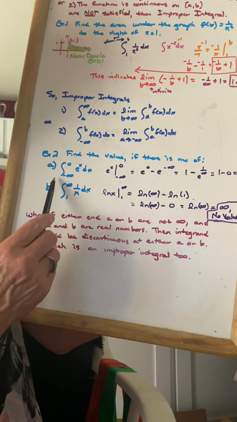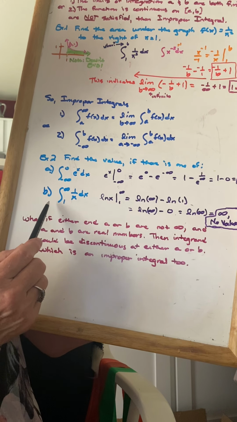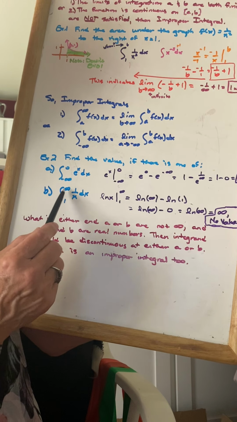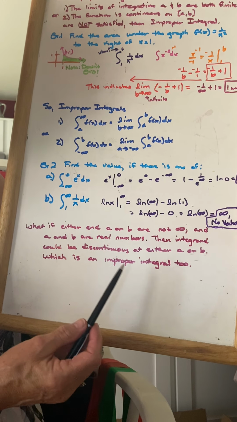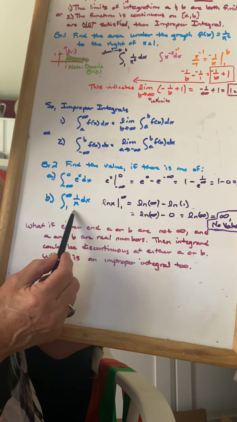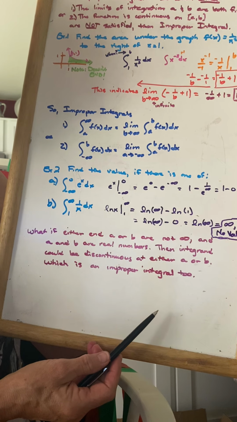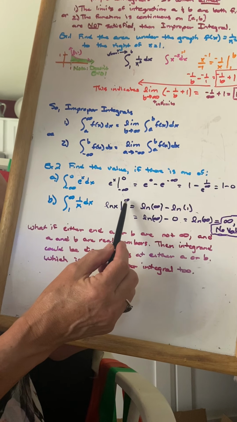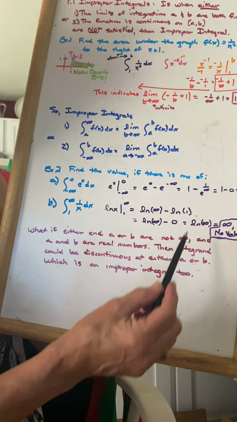Now that's if the infinity was on the lower number, my bad. What if it's on the upper number: the integral from 1 to infinity of 1 over x dx. Another one of your favorites, the natural log. The integral of 1 over x is the natural log of x from 1 to infinity. So I put my numbers in: natural log of infinity minus natural log of 1.